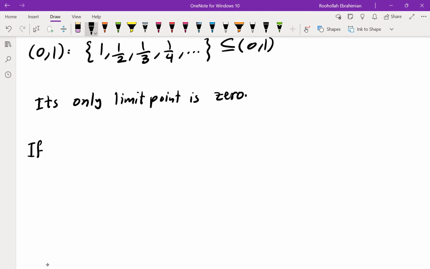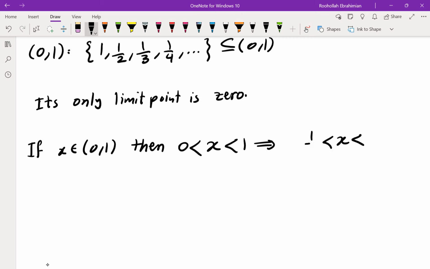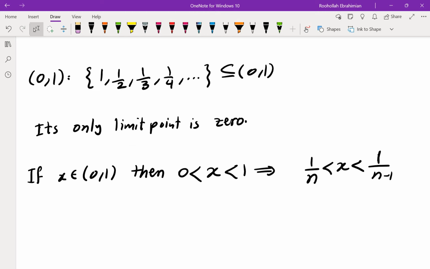So if x is in (0, 1), because x is positive and less than 1, it lies between two of these consecutive 1/n's. So that tells us x is between some 1/n and 1/(n-1). And by the way, because I want to make sure that this set is inside (0, 1), I'm going to start from 1/2.